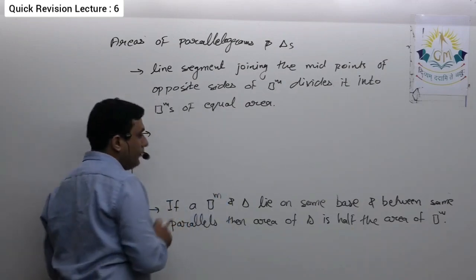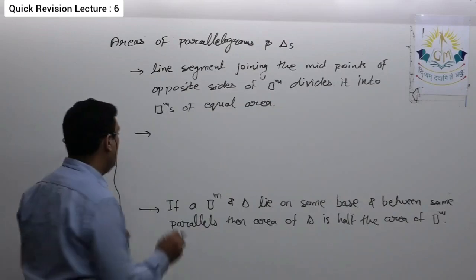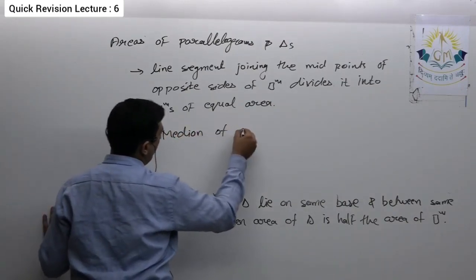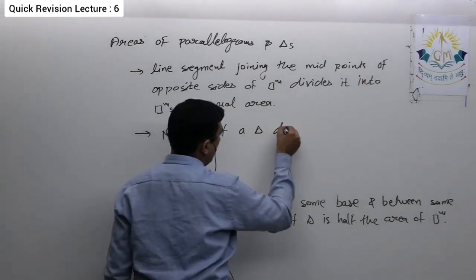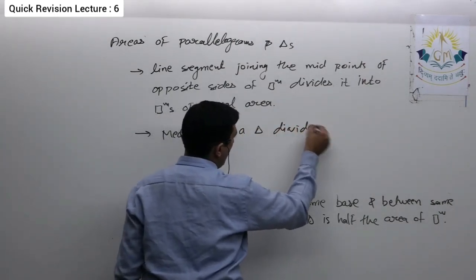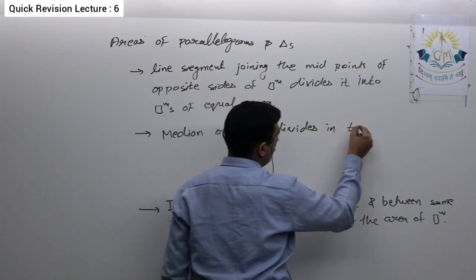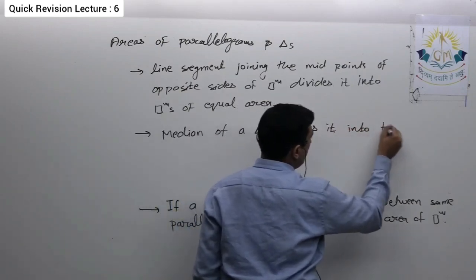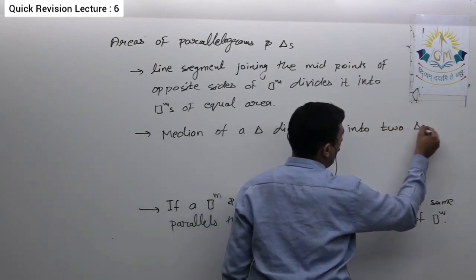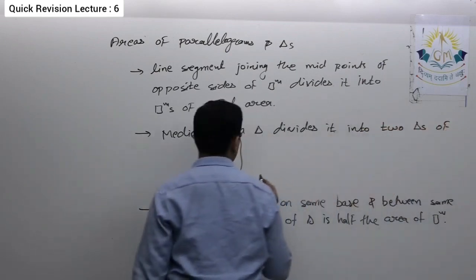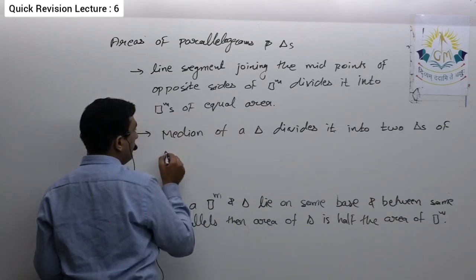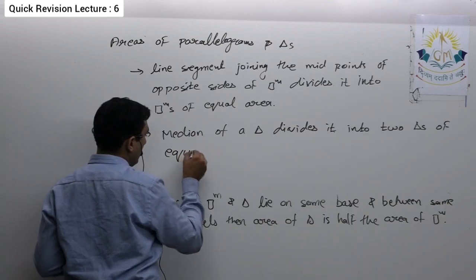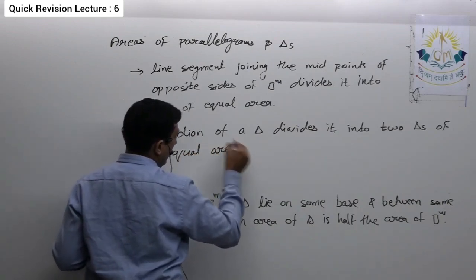Okay, also we can say the median of a triangle divides it into two triangles of equal area.